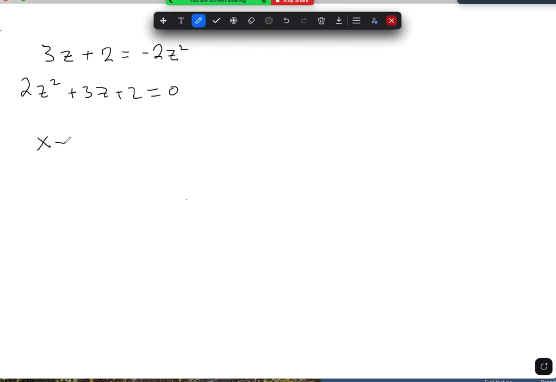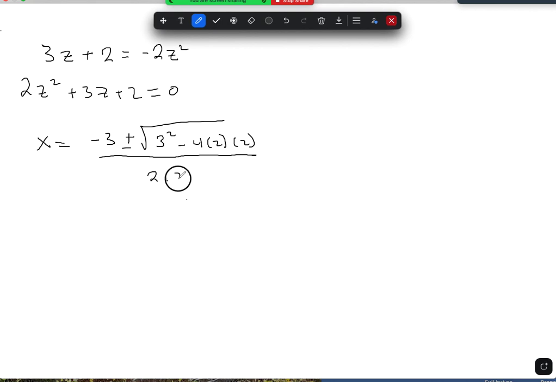So this would go x equals negative b, so negative 3, plus or minus the square root of b squared, 3 squared, minus 4 times a times c, and then all over 2 times a.